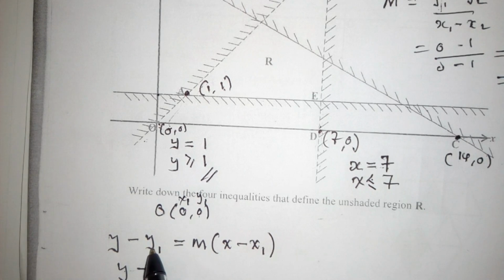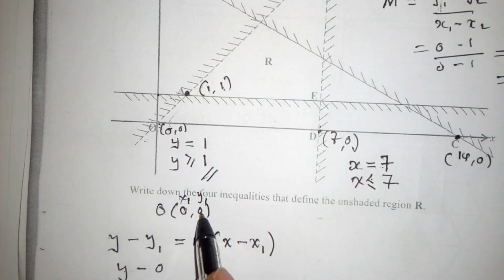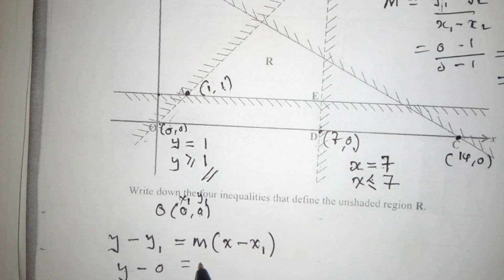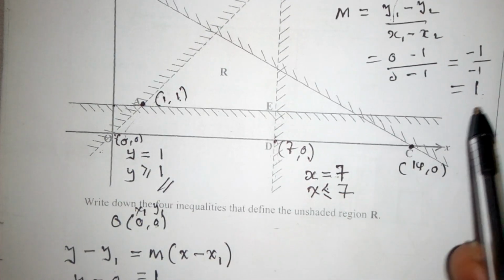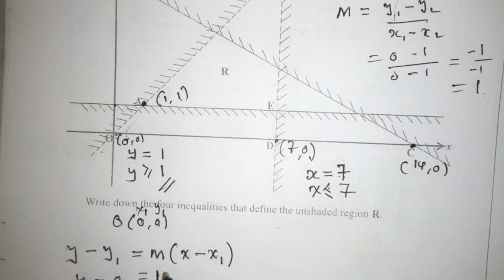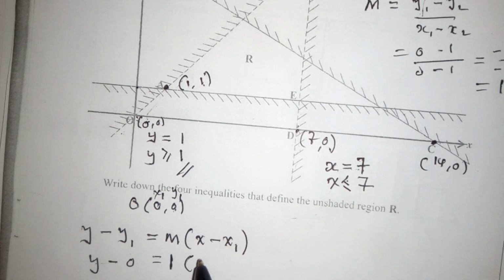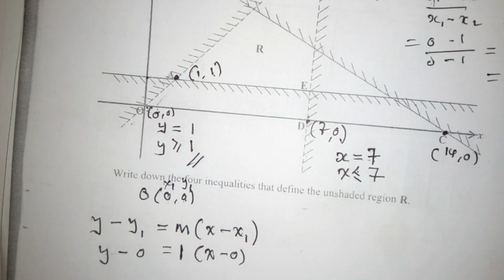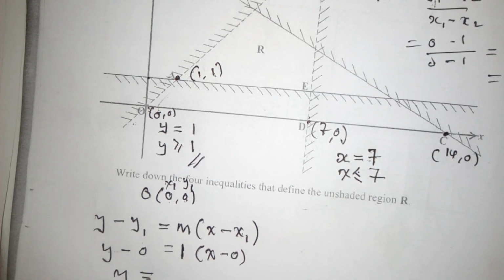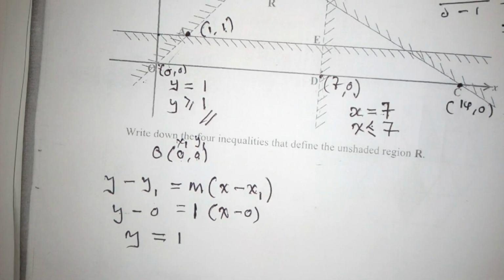Where there is y sub 1, I'll put a 0, which is equal to my gradient, which was 1, open bracket, this x will maintain. Where there is x sub 1, I'll put this 0, and then solve. You find that my answer will be y is equal to x.